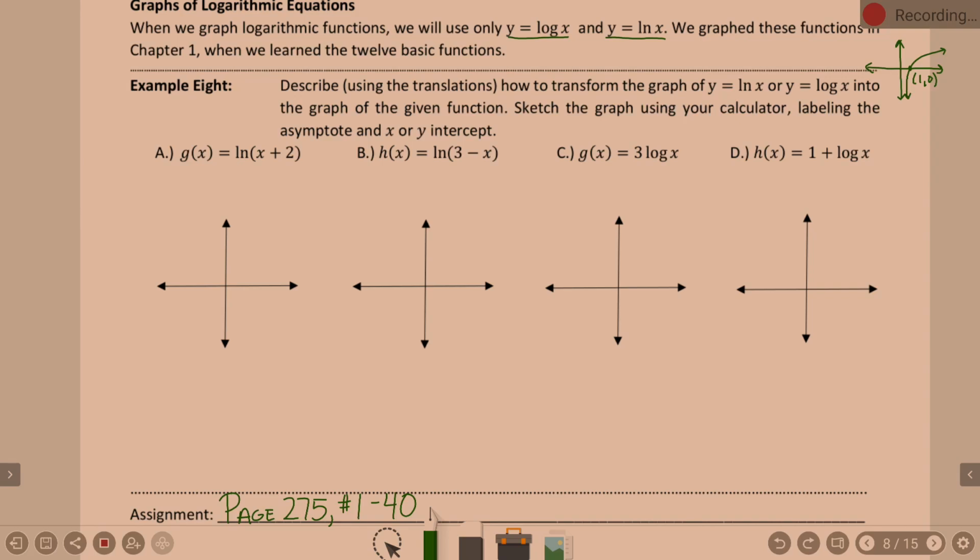And in fact, if you graph them on the calculator, you're going to see that they are very similar. And in fact, let me put these up here real quick.